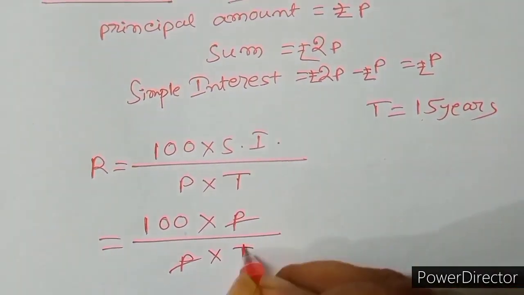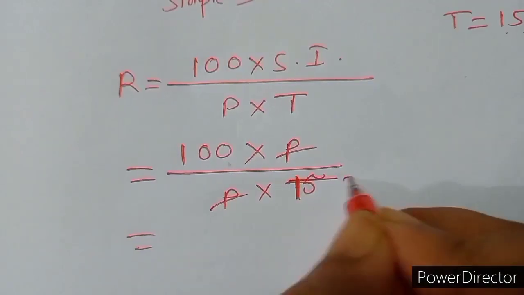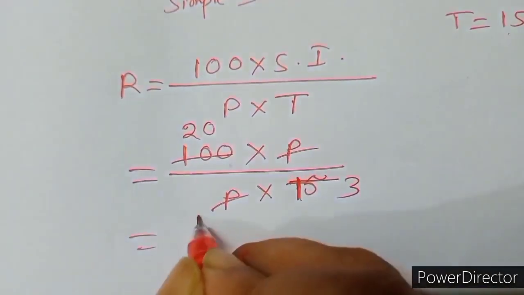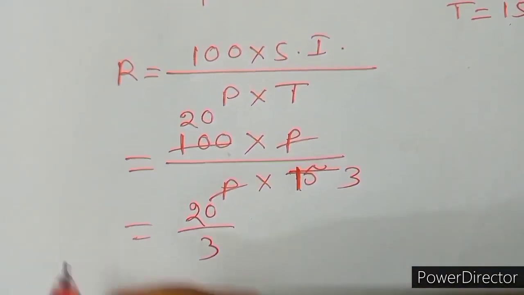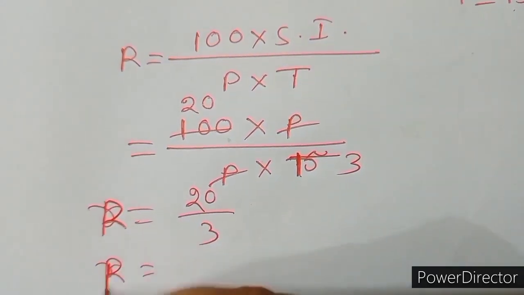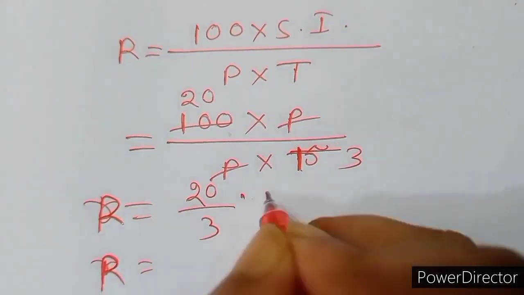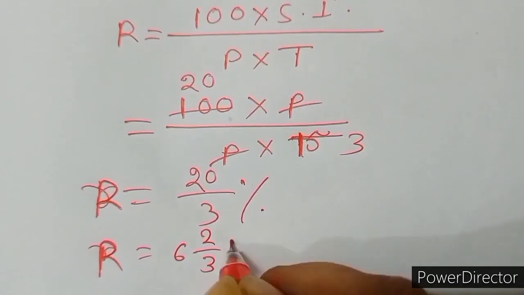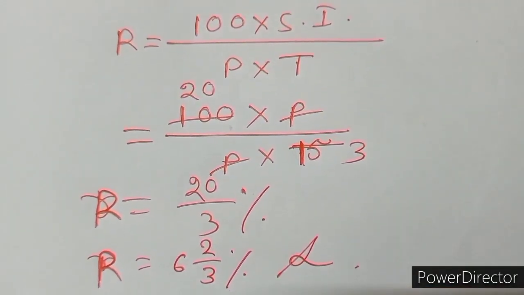T equal to 15 years, so here we write 15. So 5 3 15, 5 20 100. So 20 by 3. So R equal to 20 by 3%, means 6 2 by 3%. So this is the answer.